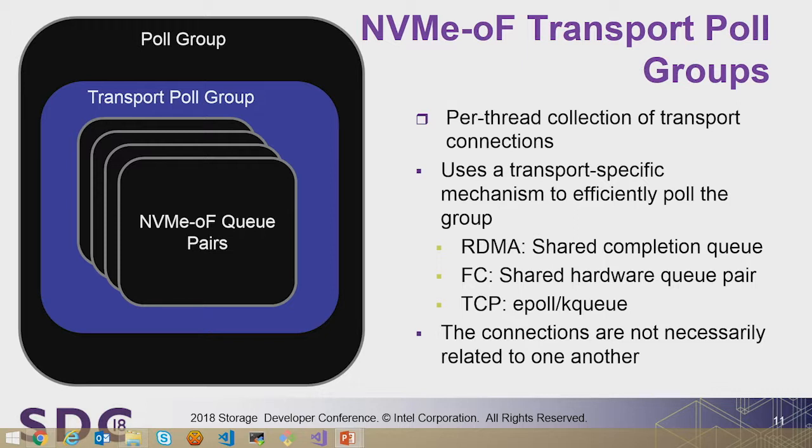But for TCP, each socket, which is a connection, is going to get put in the same epoll or kqueue group, depending on if it's Linux or FreeBSD. And then we'll poll the set. Other than being in the same poll group, these connections are not related to one another. I'll talk a little bit about that coming up. They're not all connections for the same subsystem or for the same controller.